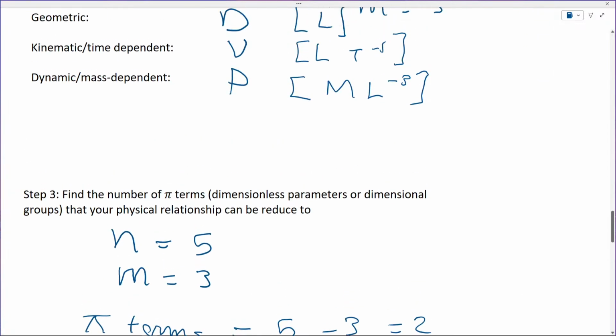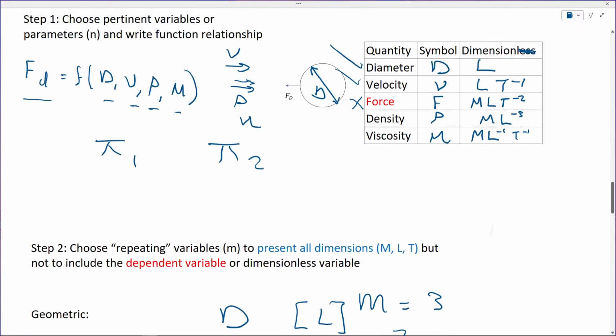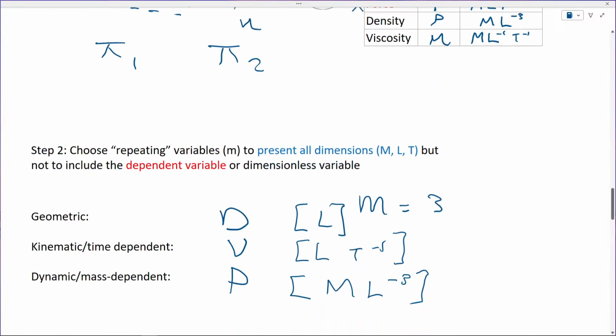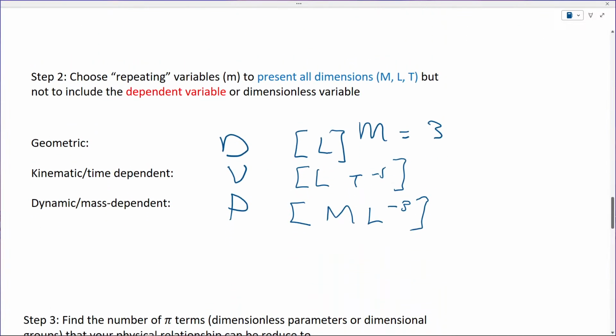Okay, so simple. The first step, you write down this relationship. Second step, you choose the repeating variables. How to choose them? Your repeating variables should include MLT, and they should ensure geometric, kinematic, and dynamic, something that's mass dependent.